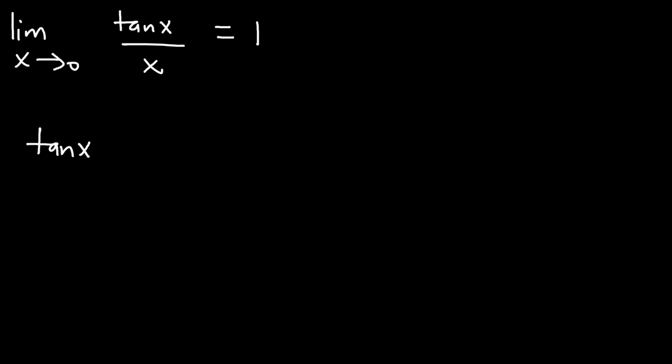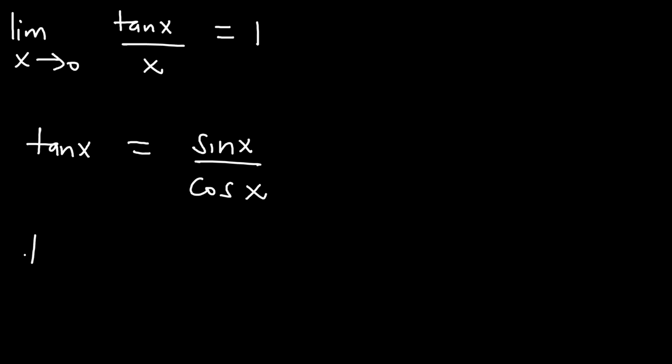Let's look at another example. Let's solve the limit as x approaches 0 of tangent x divided by x. Now the answer to this limit will also be equal to 1. But let's see how it comes about. Now tangent x is the same as sine x divided by cosine x. And at this point we can multiply both sides by 1 divided by x.